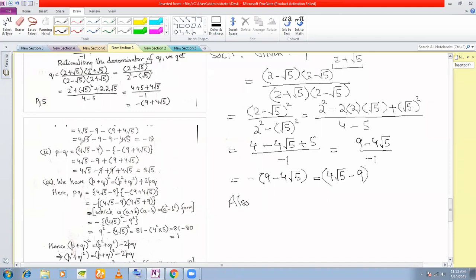Also, what was the value of q given? The value of q given here was 2 plus root 5 by 2 minus root 5. Now again, the denominator of q is irrational. So we rationalize it by multiplying the numerator and denominator by 2 plus root 5, because the rationalizing factor of 2 minus root 5 is 2 plus root 5.